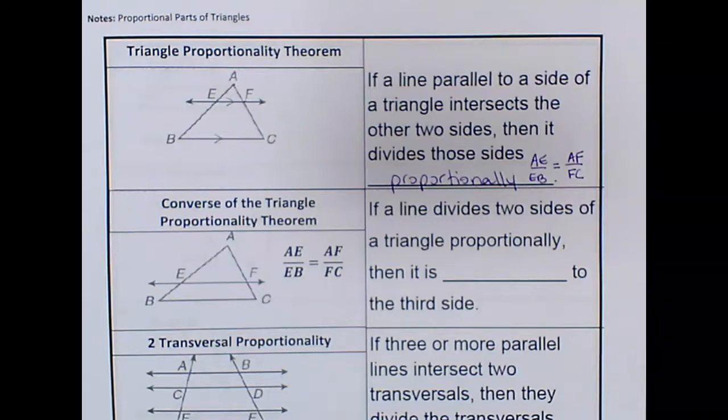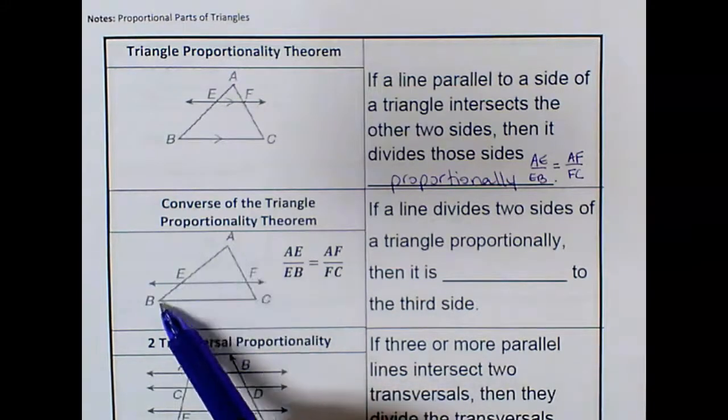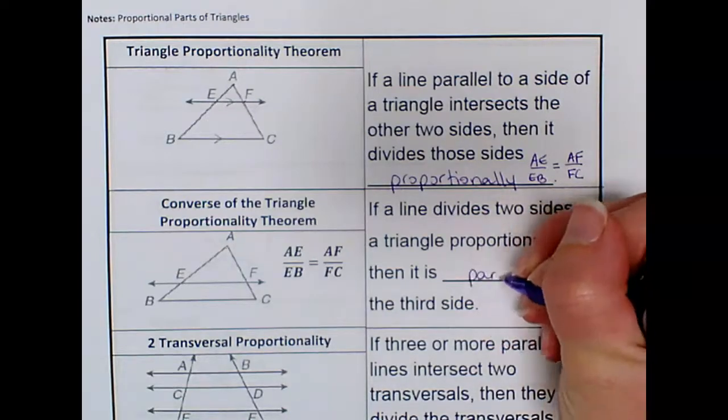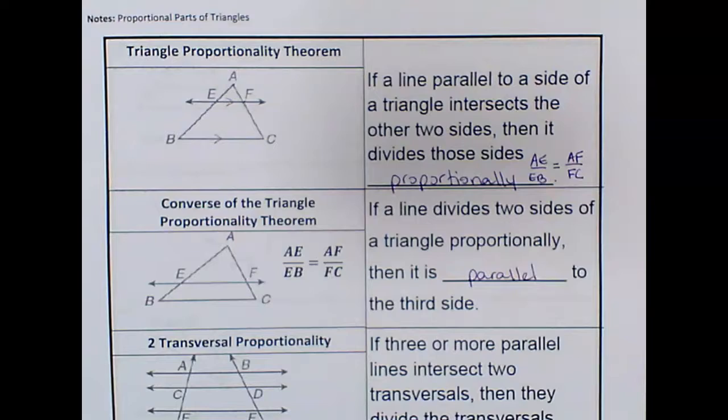So that line that's parallel to the third side divides those other two sides proportionally. Now the converse of the triangle proportionality theorem states that if a line divides two sides of the triangle proportionally, meaning AE over EB is equal to AF over FC, then it is parallel to that third side. So it's just the converse of the triangle proportionality theorem.